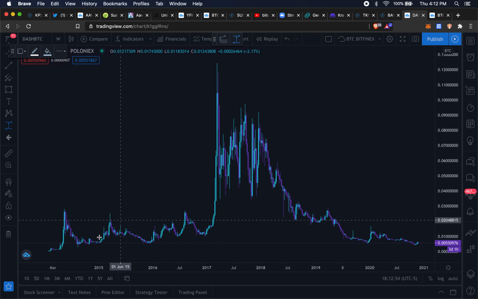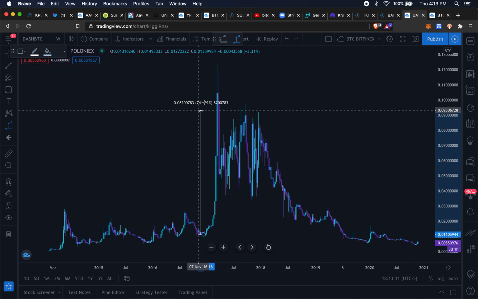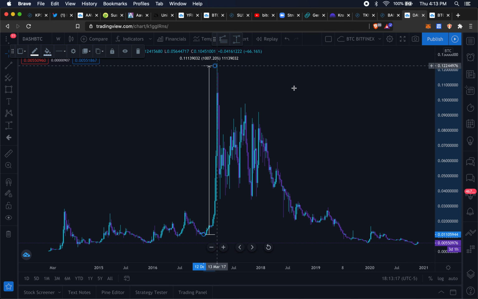If you had bought anywhere in this accumulation range from 2014 to early 2017, let's say you bought here and you rode that wave as Bitcoin was breaking all-time highs, and you were smart enough to sell somewhere near the parabolic top, then you had 1,000% gain against Bitcoin, and that's basically an 11x.